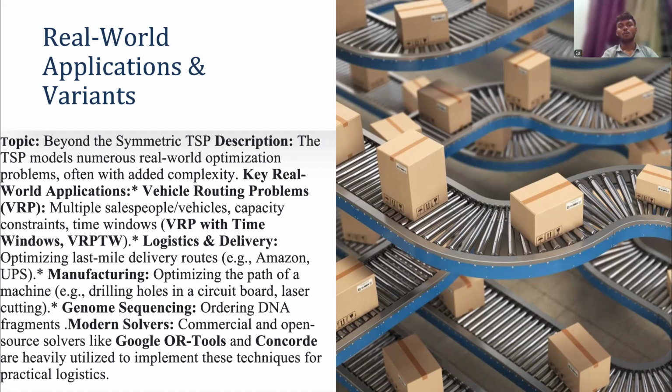Manufacturing: optimizing the path of a machine drilling holes in a circuit board, laser cutting. Ordering DNA fragments. Modern solvers: commercial and open source solvers like Google OR-Tools and Concorde are heavily utilized to implement these techniques for practical logistics.